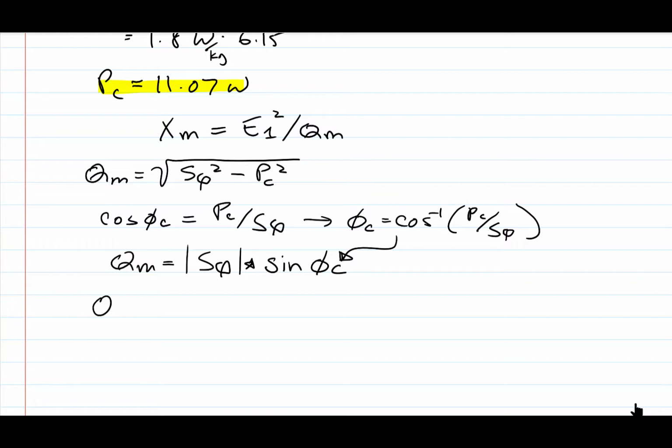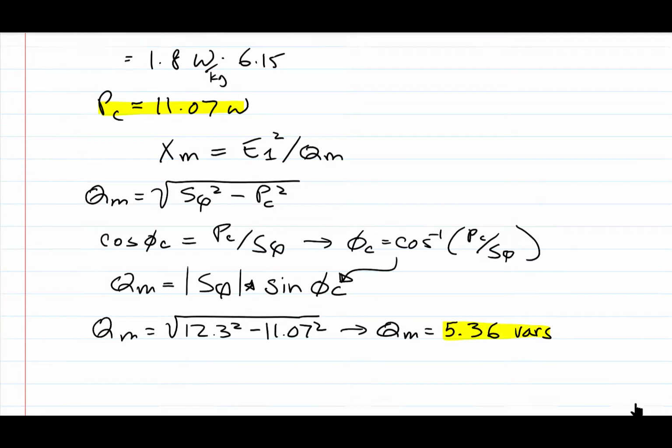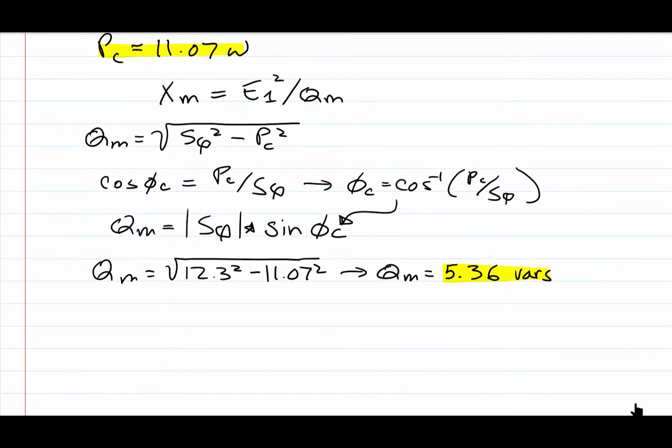Let's use the easier one, and that ends up being 5.36 VARs. Obviously, we've got a lot more core loss now than we have magnetizing reactance in this particular situation that we're considering. Remember, when I did the notes, I assumed that this cosine of phi c was 0.6.